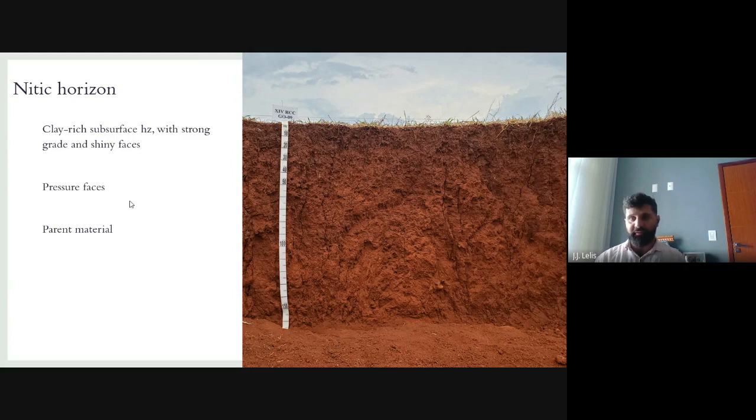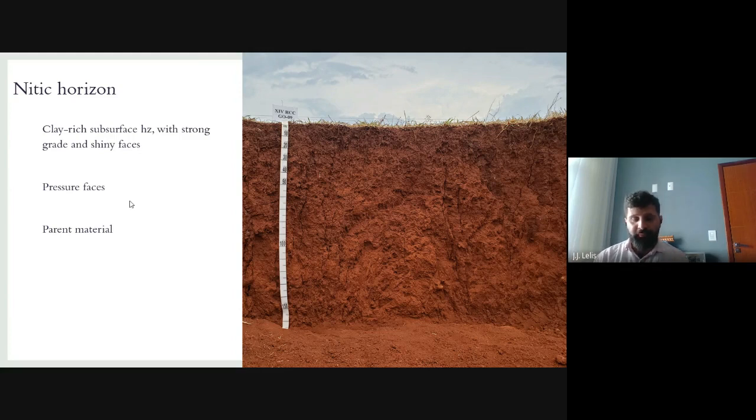These shiny faces are formed by the expansion and retraction of the material. It's a process that we call shrink-swell, the expansion and retraction of the material according to the content of water in the soil. In the wet season, the soil is wet and the clay fraction expands, and during the dry season, the clay fraction retracts, and this changes the volume of the soil.